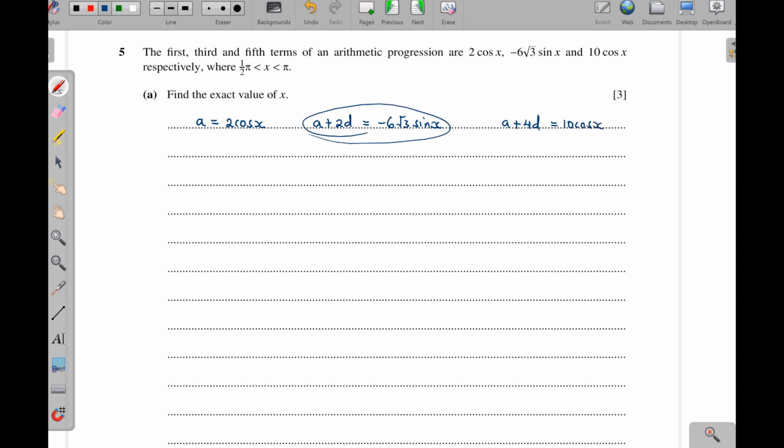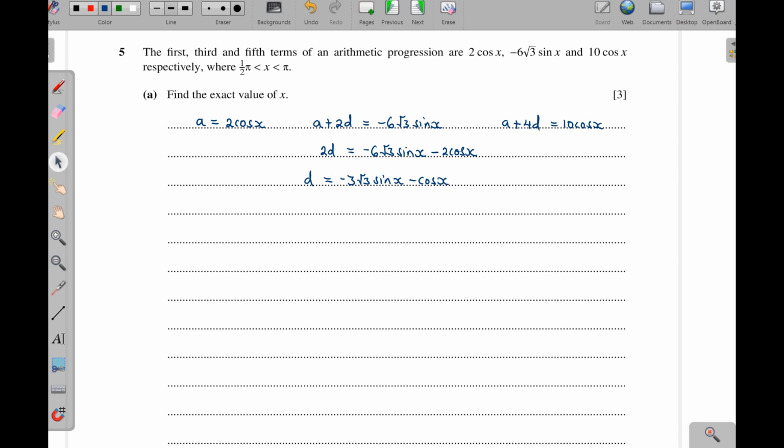And then the fifth term, which is a plus 4d, is equal to 10 cosine of x. So right from here, I can have 2d, which is equal to negative 6 root of 3 sine of x, then minus a, which a is 2 cos of x, not so? So meaning d is going to be, you divide all through by 2, so you have negative 3 root of 3 sine x, then minus cosine of x.